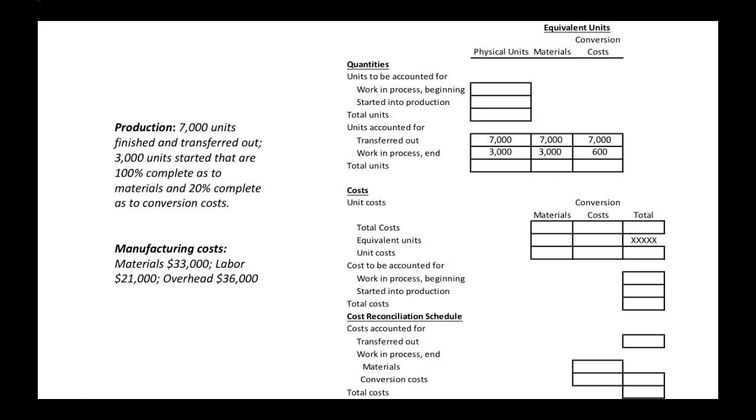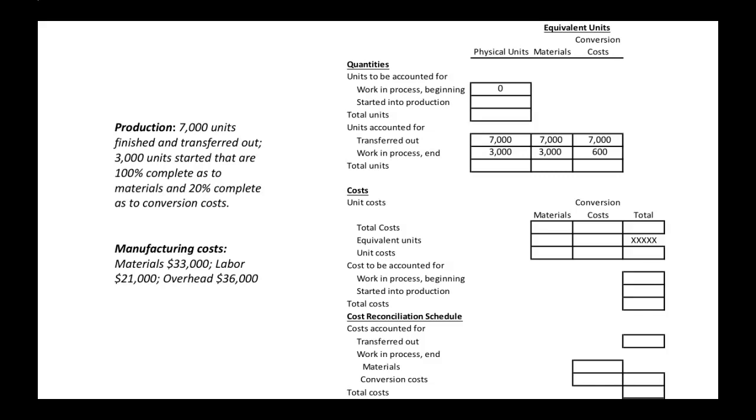Now, before we figure out our total units, let's go up to that part above where we have units to be accounted for, our work in process at the beginning. Well, remember how I pointed out how important it is that it told us that this was the first month of operation? That's because we now know that we didn't have a beginning work in process. We didn't go into this month with any units having been worked on yet, because we just started as a company.